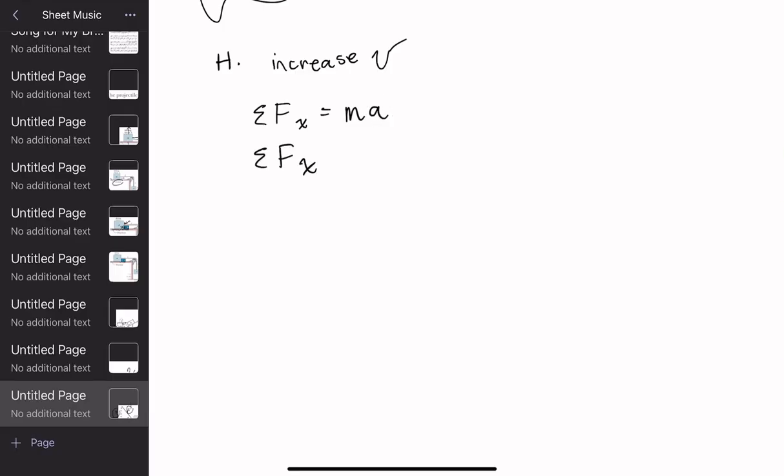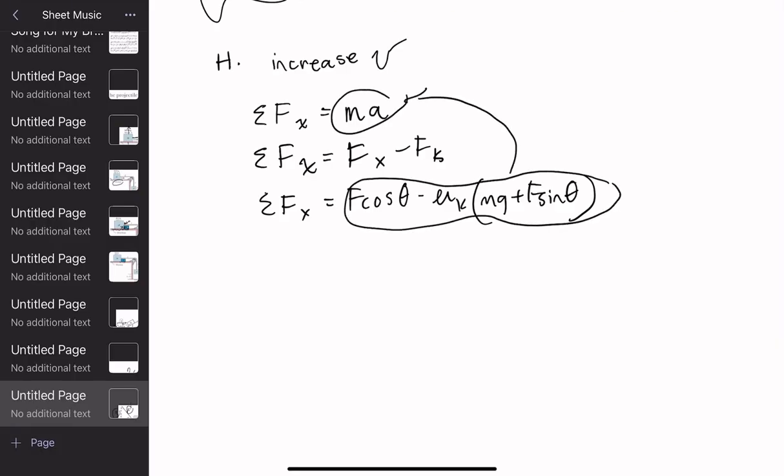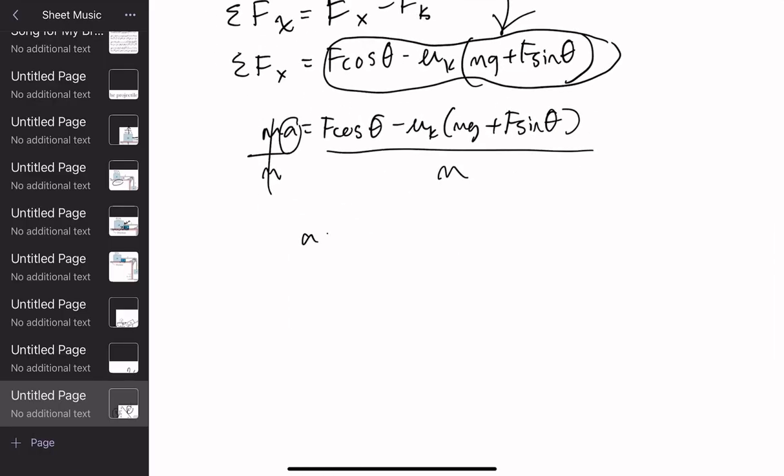So what other forces exist in the x direction? Well, it's just Fx minus Fk, which again we can expand. And then we can set these equal to each other because they're both the net force in the x direction. Okay, and then we're trying to solve for a, so we divide both sides by m so these can cancel out. Okay, so our final equation for a is this.